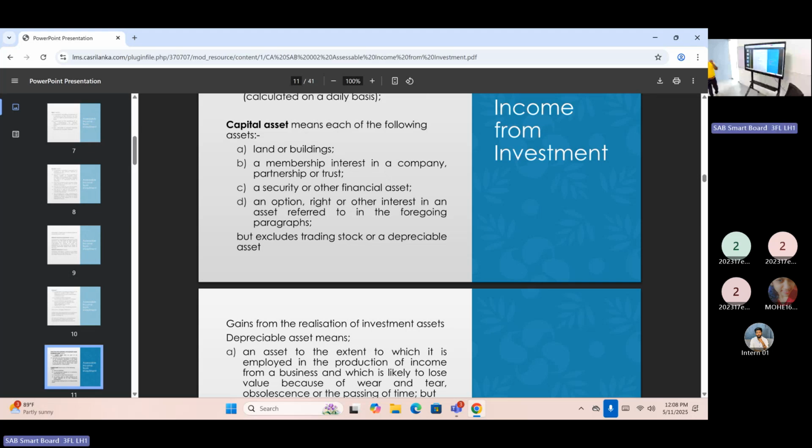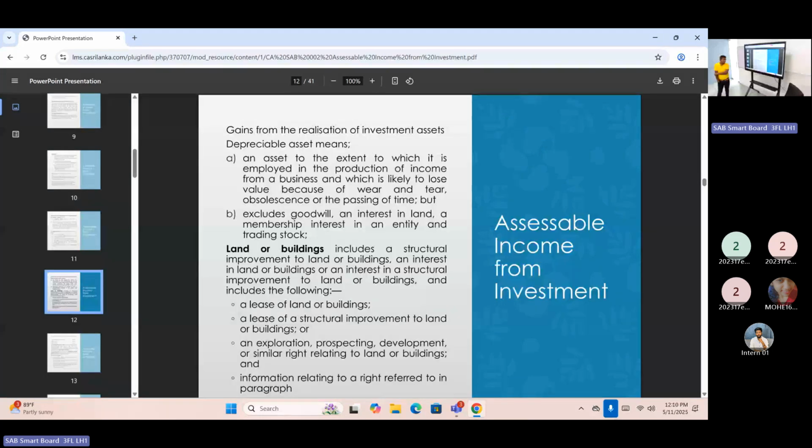Land or building includes a structural improvement to the land or building, or an interest in land or building, or an interest in a structural improvement to the land or building, and includes the following: a lease of land or building, a lease of a structural improvement to the land or building, exploration or development or similar right related to the land or building, and information related to a right referred to in the above paragraph. Information connected to the land or building is also considered land or building for tax purposes.